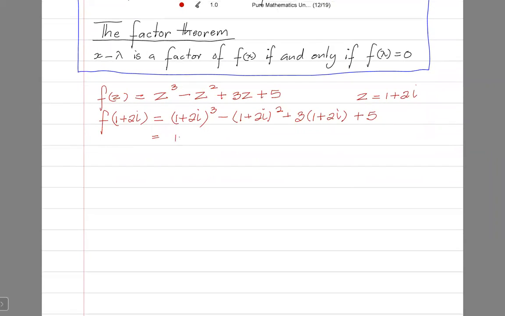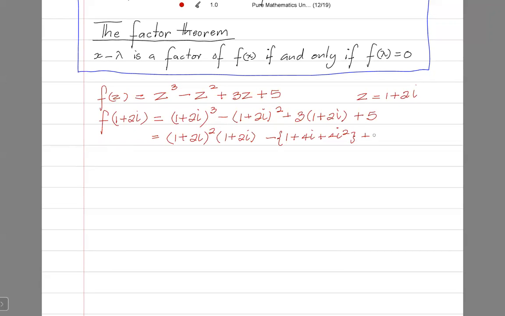This would be (1 plus 2i) squared multiplied by (1 plus 2i). That's the cube. Minus, let's square 1 plus 2i. So this is 1 plus 4i plus 4i squared. All I did was square 1 plus 2i.